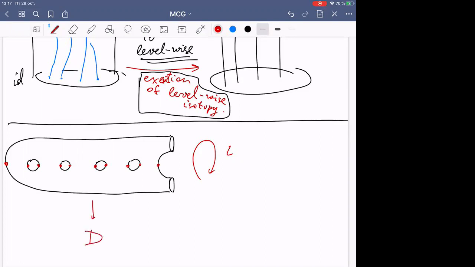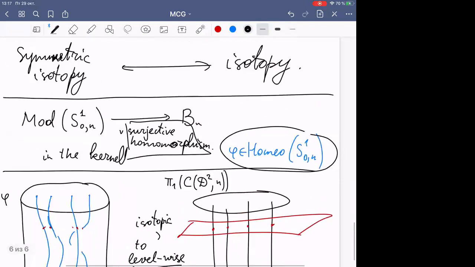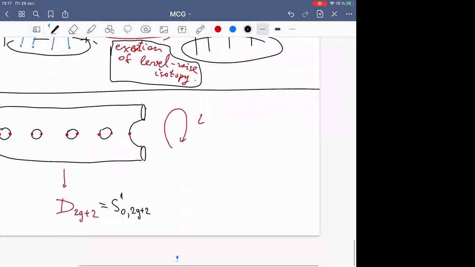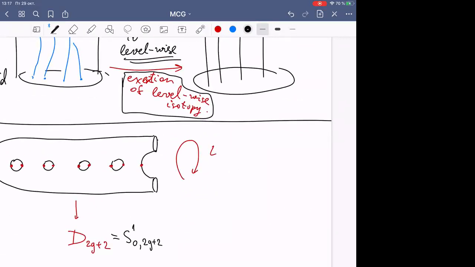And again below we have a disk with 2g plus 2 punctures. These two components are taken to each other by the involution, so downstairs we have only one boundary component. So this is a surface with one boundary component, genus 2 and 2g plus 2 punctures.